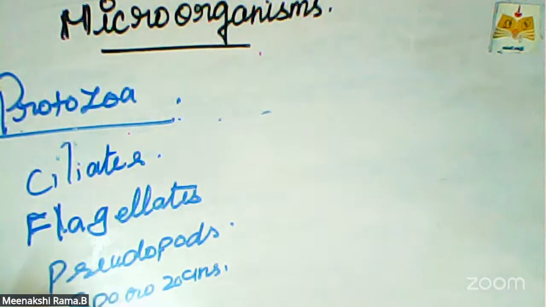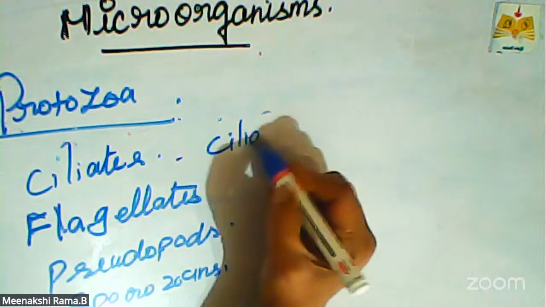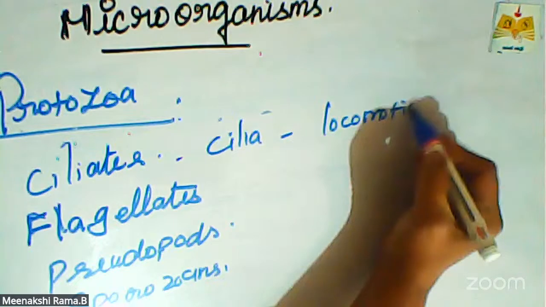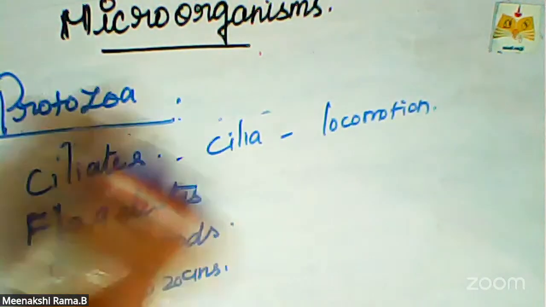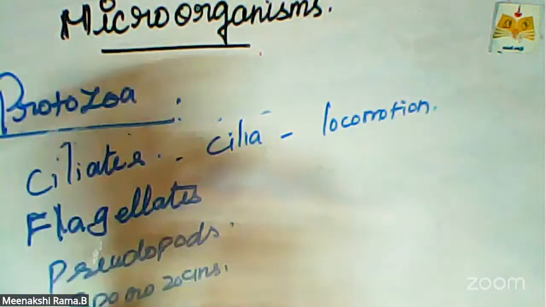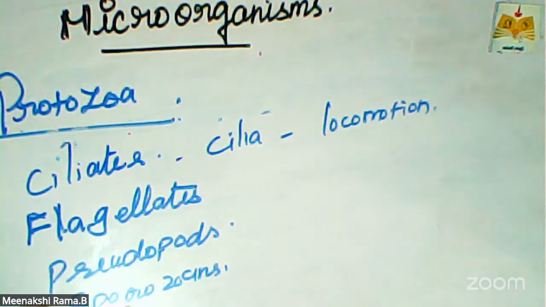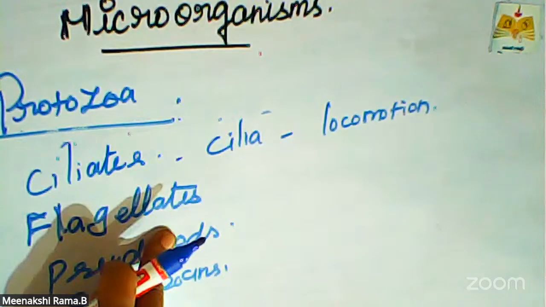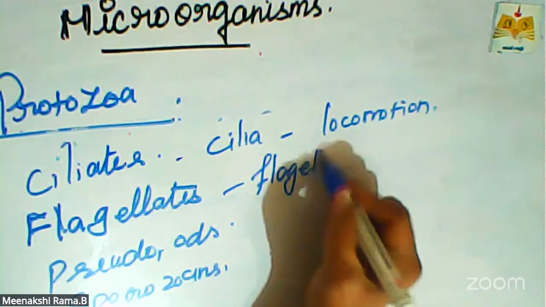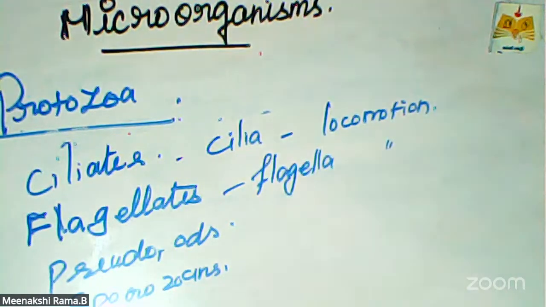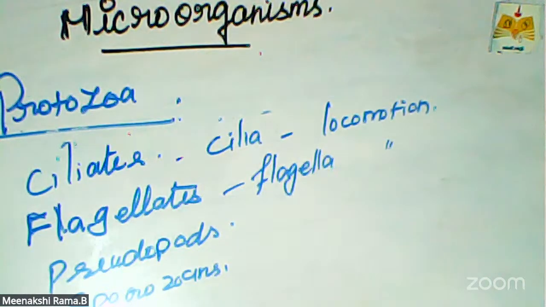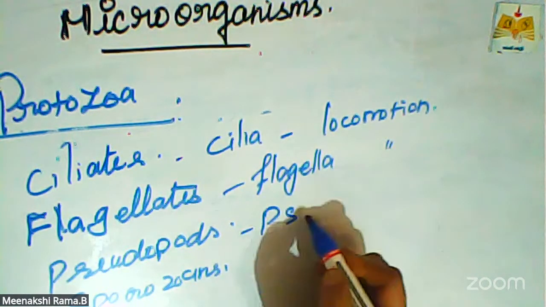Ciliates means the cilia are used for locomotion; for movement from one place to another, the cilia part is used. Flagellates means the flagella part is used for locomotion.